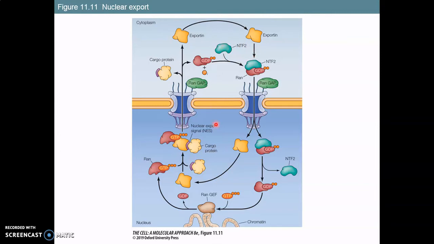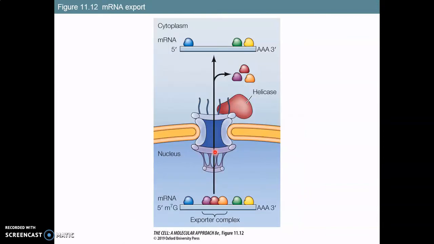Now, the other major thing that we need to export from the nucleus would be the messenger RNA. Messenger RNA has its own set of export complexes. So if you recall, messenger RNA gets modified in several different ways. It gets a 5' cap, okay, and it also gets a poly A tail.